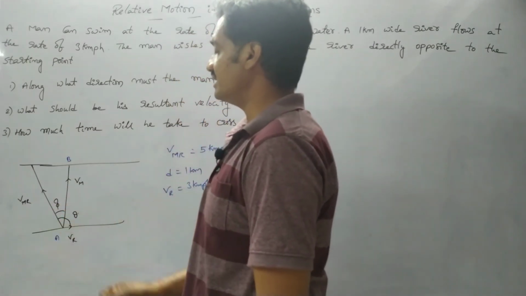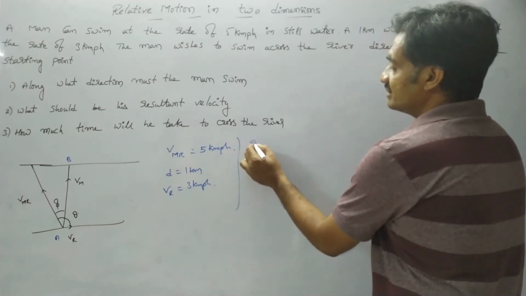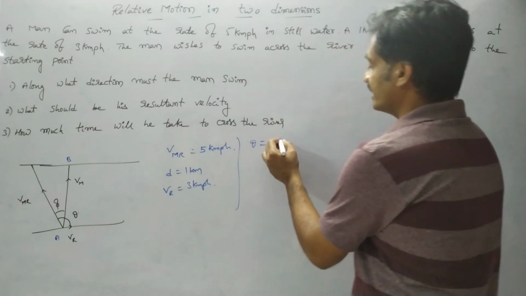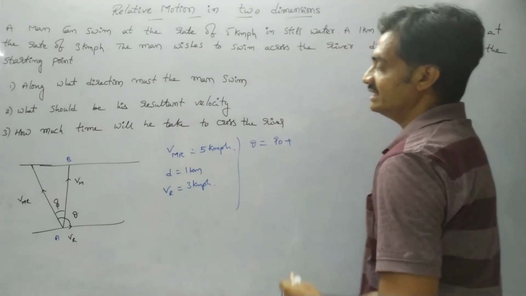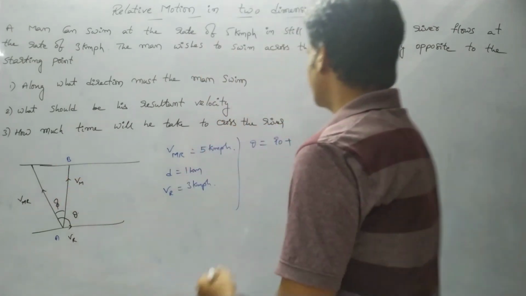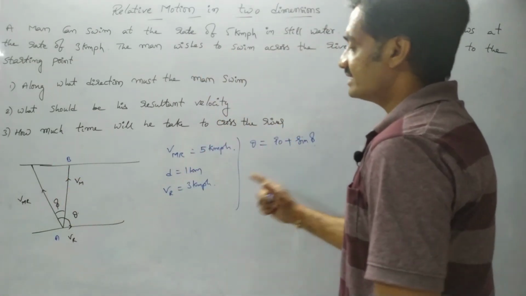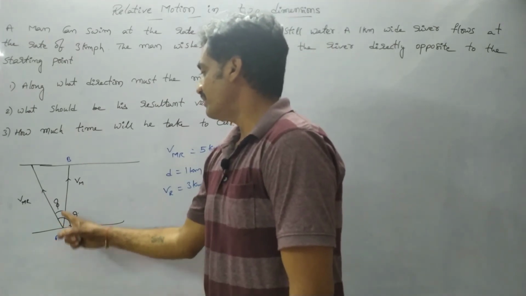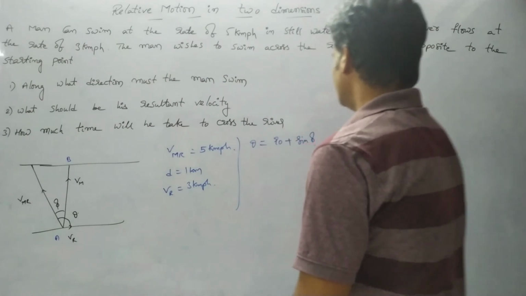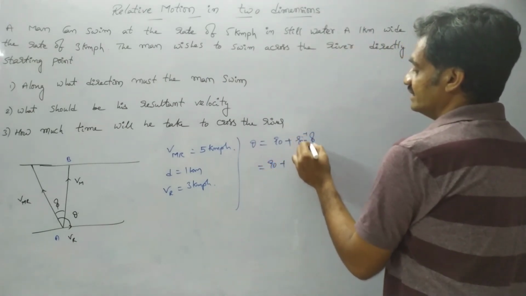Now we have to represent this total angle, and we know that theta is equal to 90 degrees plus angle phi, where phi is represented by sine phi, which is opposite side by hypotenuse. So we can represent it as 90 plus sine inverse of phi.